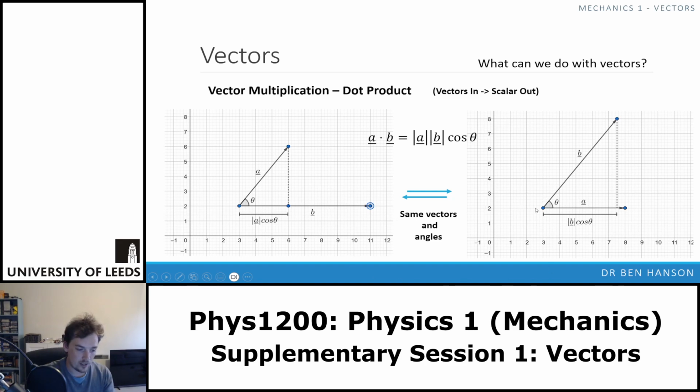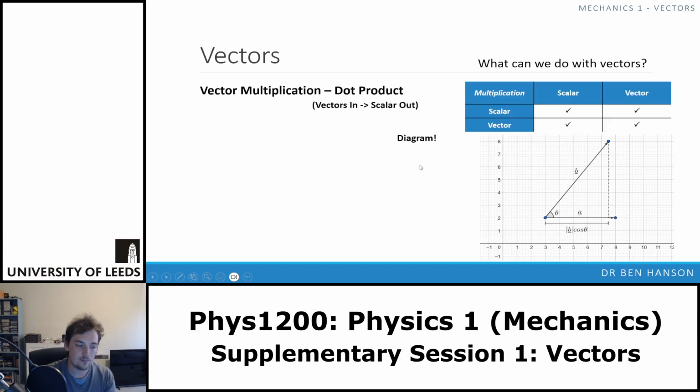Just to make the point that the amount of that vector in the direction of A is modulus B, the length of B, times the cos of the angle between those two vectors multiplied by the length of A. It's exactly the same, whichever way you do it. So A dot B is mod A, mod B, cos theta, and you can do A dot B and B dot A, and they're the same thing. So that's very much like scalar multiplication.